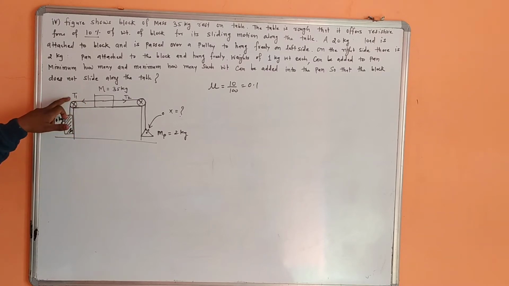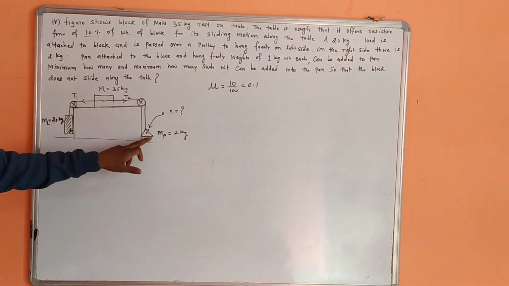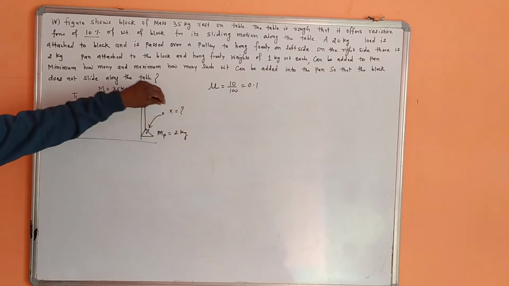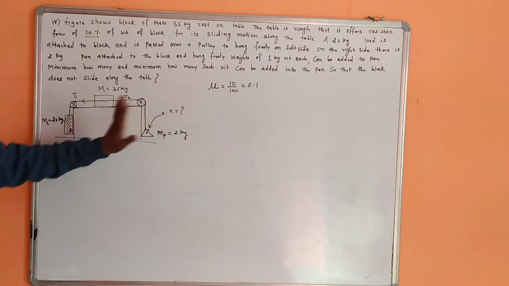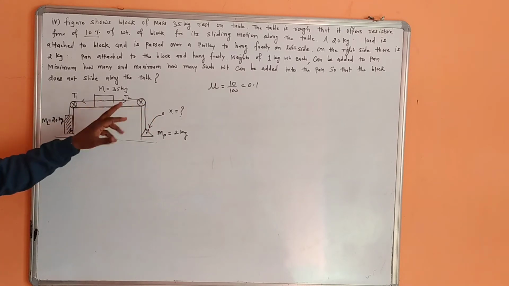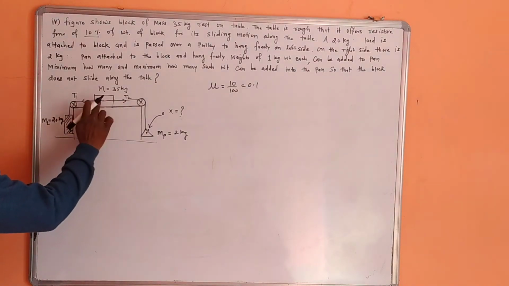That tension we denote by T1. On the right side there is a 2 kg pan attached to the block. This is the pan of mass 2 kg and x weights are added in this pan so that they will create another tension T2. So now two tensions are acting on this mass.